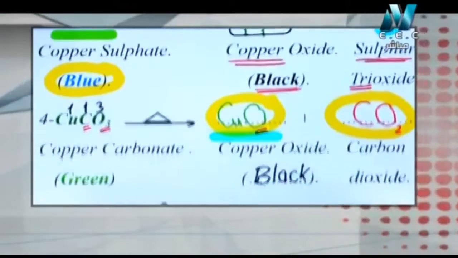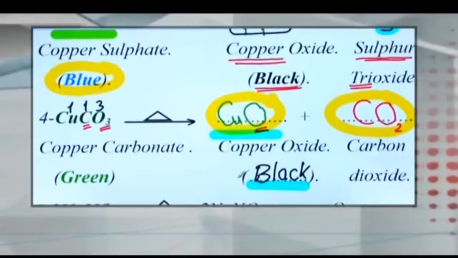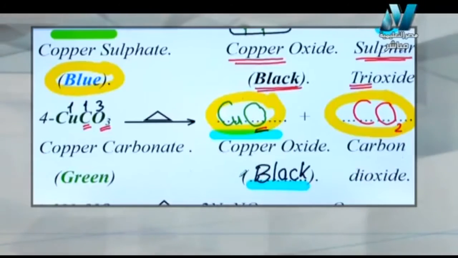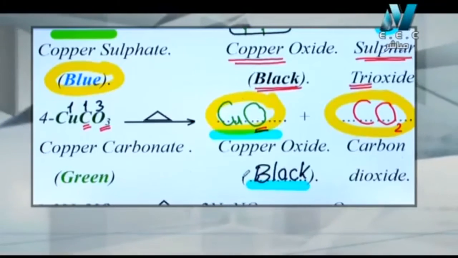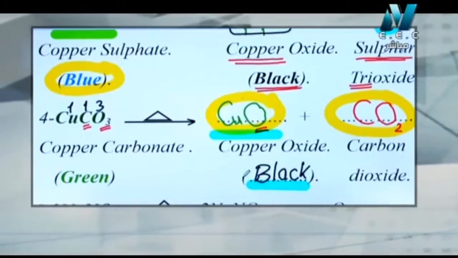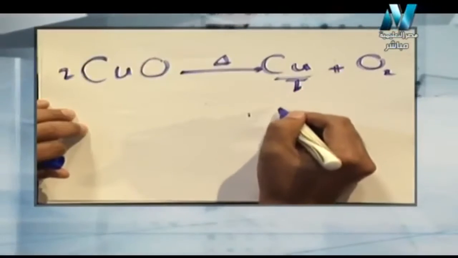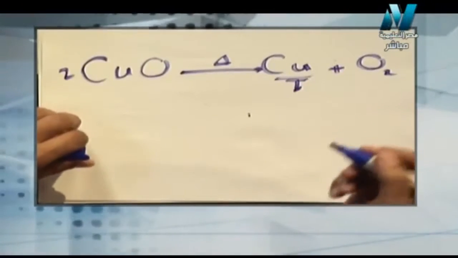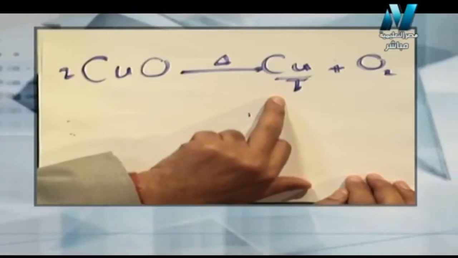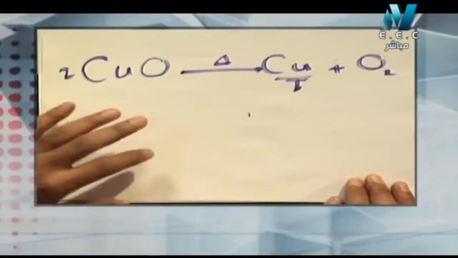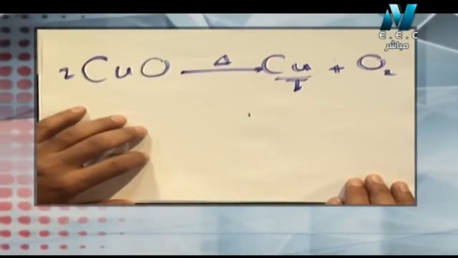And another thermal decomposition for CuO, that has black color, into Cu plus O2. And Cu has reddish brown color. And oxygen is colorless because oxygen is a gas, as we studied before in the primary stage. Thank you, Mr. Wael.